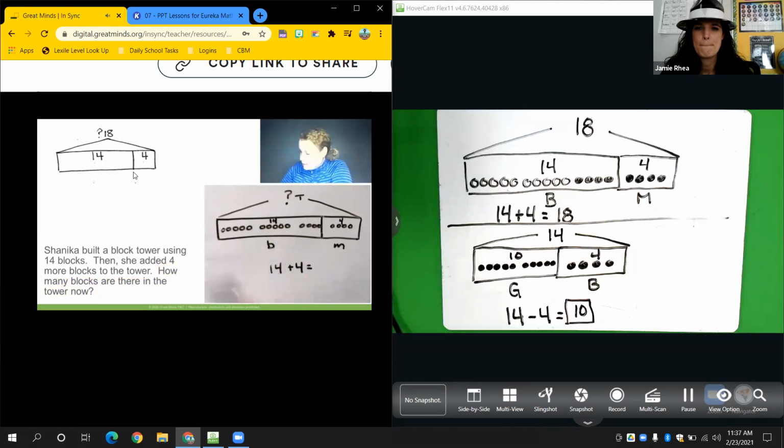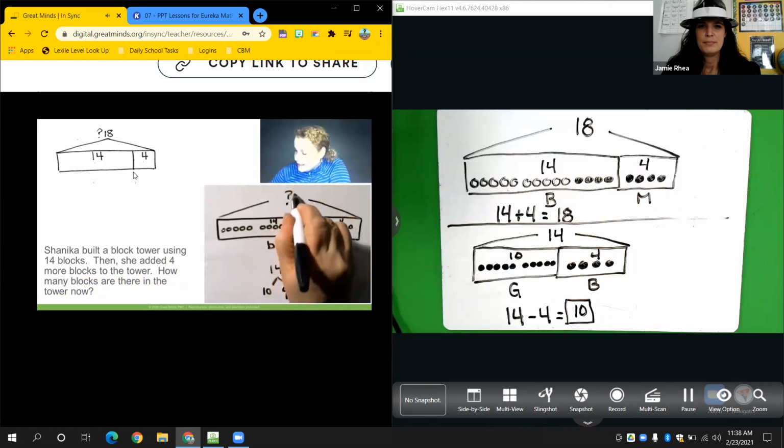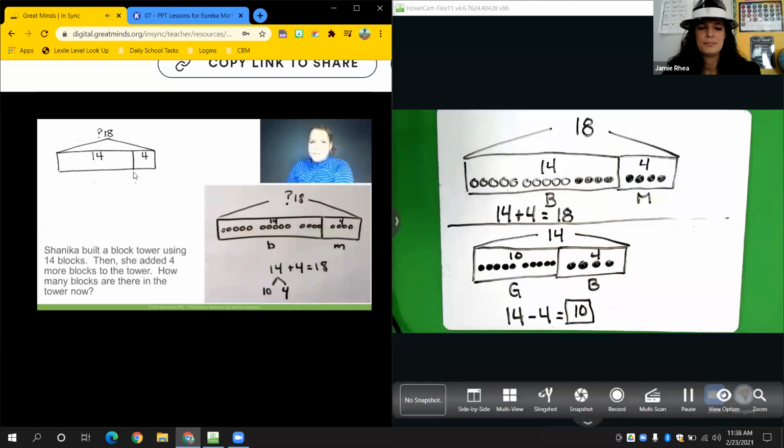Well, I know 14 plus 4 is the same as 10 plus 4 plus 4, which is 18. So the mystery number, the number of blocks in Shanika's tower, is 18.